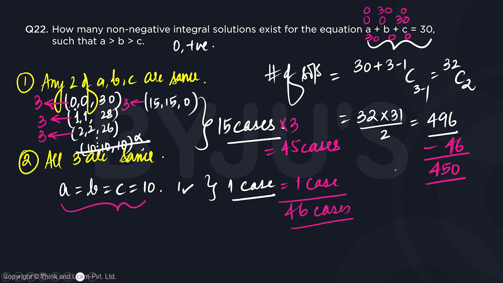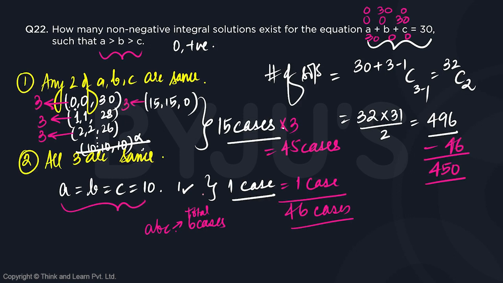Now out of these 450 combinations, a, b and c are going to be different. But even if they are different, do they follow this pattern? Out of a, b, c, there are going to be 6 cases, such as a greater than b greater than c, a greater than c greater than b, and so on. In other words, there are 3 factorial ways of arranging a, b, c.